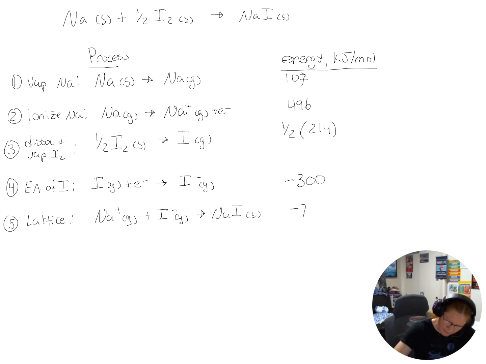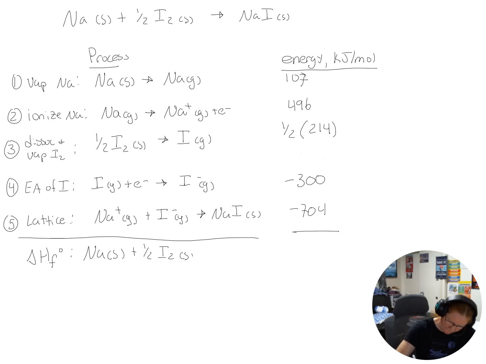And that's negative 704. Okay, so we're going to get our delta H of formation. I'm going to take, and then we put that all together, it's negative 294. Okay, so there's all your processes.